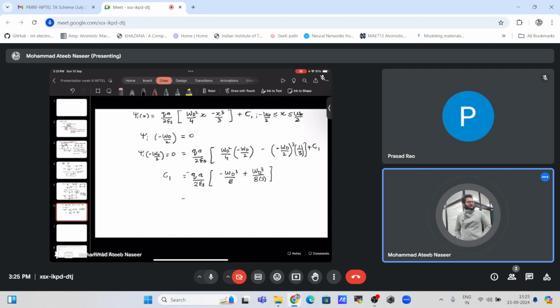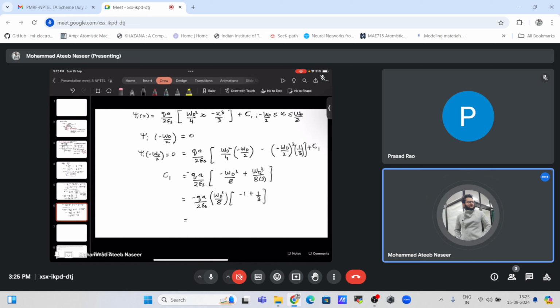Or if I take minus qa by 2 epsilon s Wd cube by 8 common, this is minus 1 plus 1 by 3. So it's minus 3 plus 1, which is minus 2 by 3.